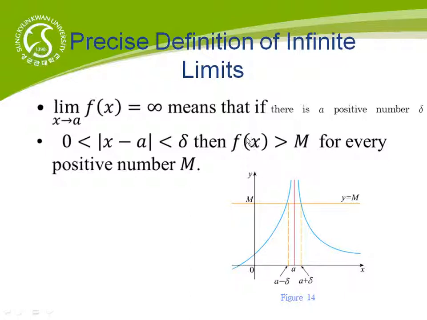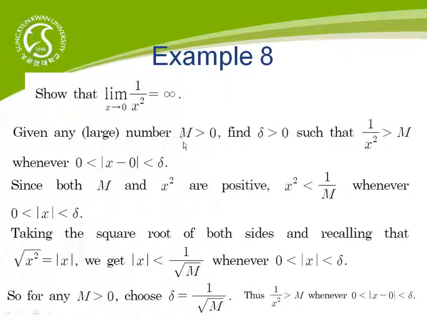So that means the limit of this function is infinity. For an arbitrarily chosen big number m, if we can find the delta that makes f of x bigger than m whenever the absolute value of x minus a is between 0 and delta, then that's the formal definition of the infinite limit.